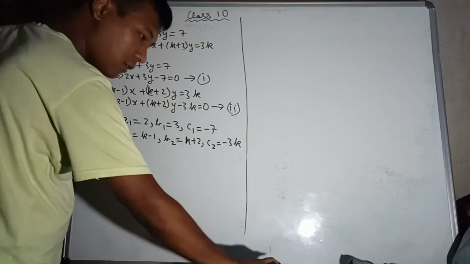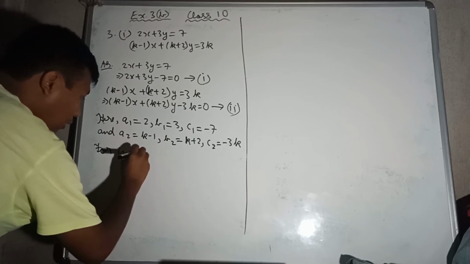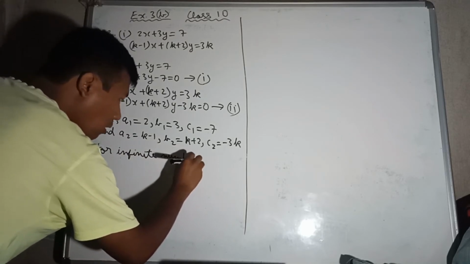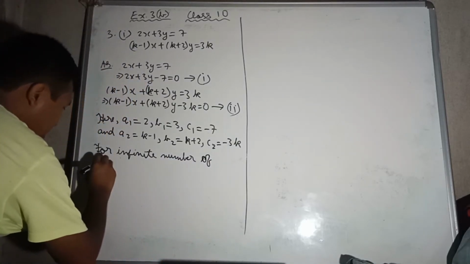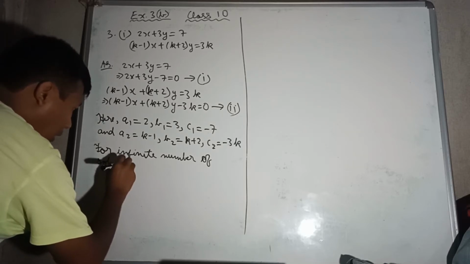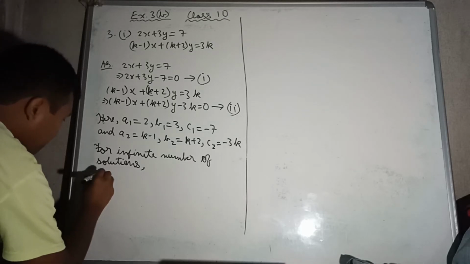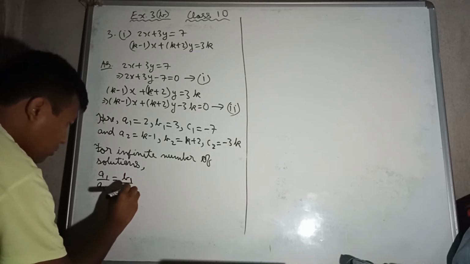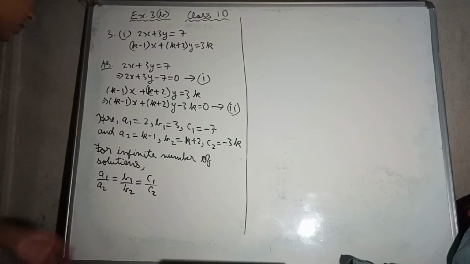For infinite number of solutions, a1 by a2 is equal to b1 by b2 is equal to c1 by c2.